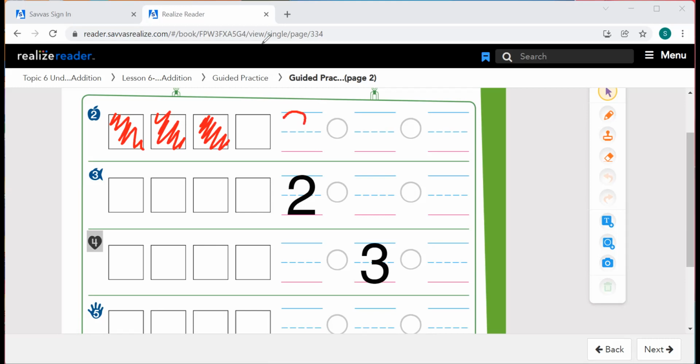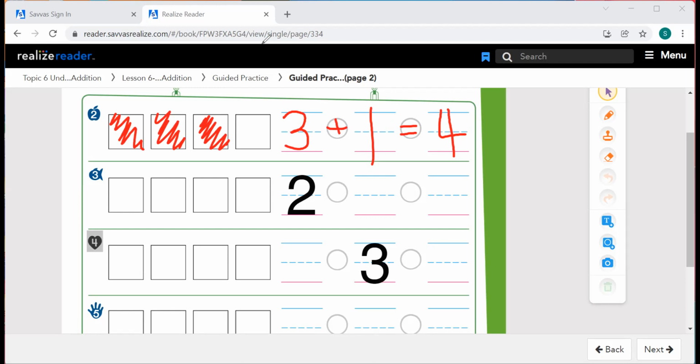So I have 3 boxes colored in, plus how many boxes are not colored in? 1. And that equals 4.